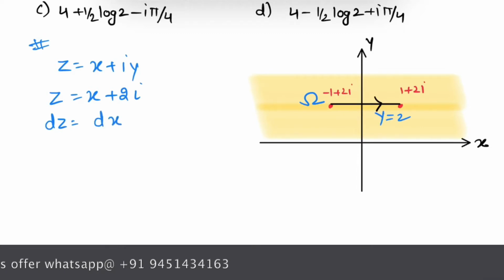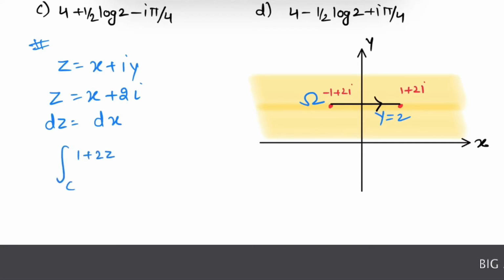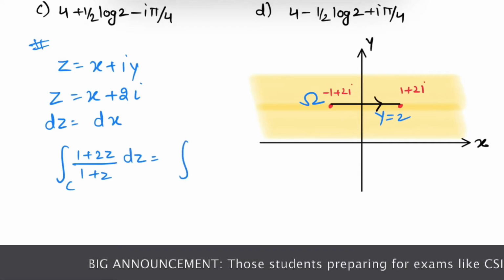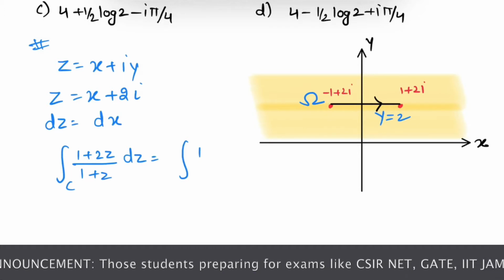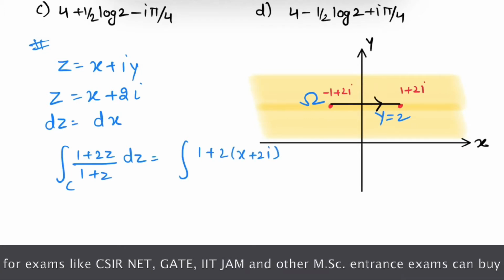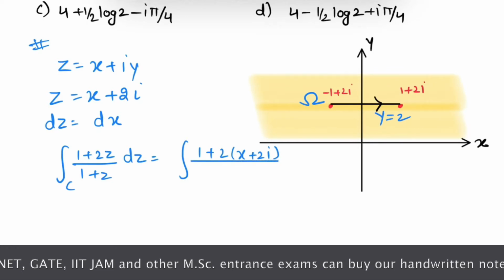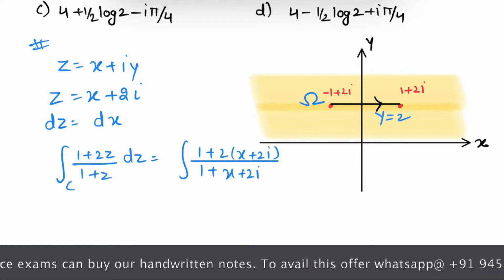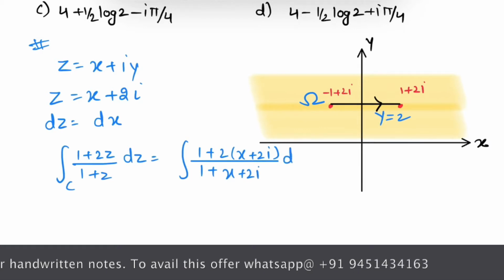So now let's integrate. We have to integrate (1 plus 2z) over (1 plus z) dz. Now let's substitute z. So we have 1 plus 2 times (x plus 2 iota) over 1 plus (x plus 2 iota), and dz is dx.